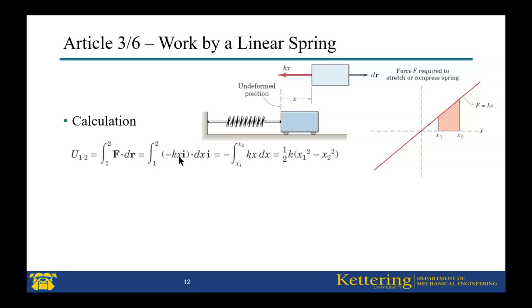If I release it, it adds some energy to the system. This is exactly consistent. If you compress, x1 will be more than x2. This term will be positive, which means that the work done by a compressed spring is positive.